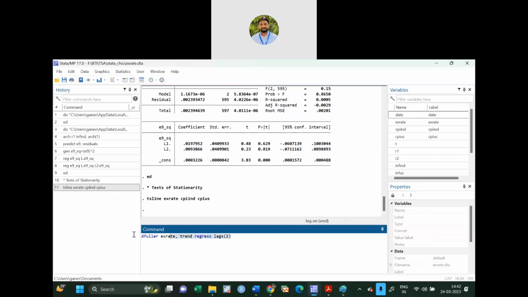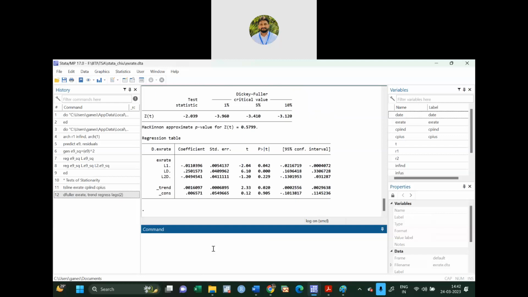And the command for that is, let me just run this, varsoc. This is vector autoregression that you can call VAR, but when you are running a regression in terms of vector autoregression or ARDL model or co-integration, these are similar lines of models.